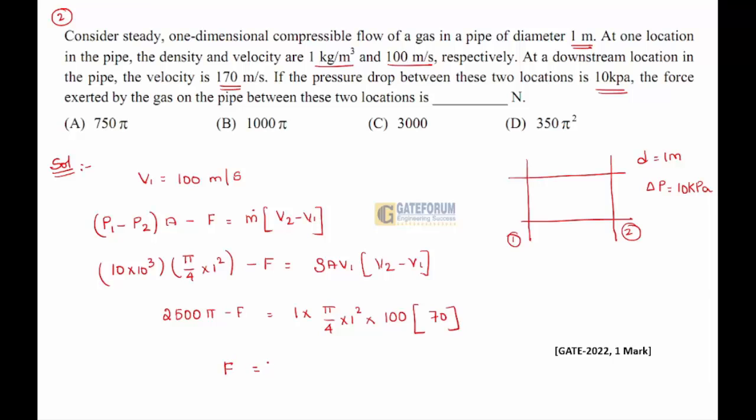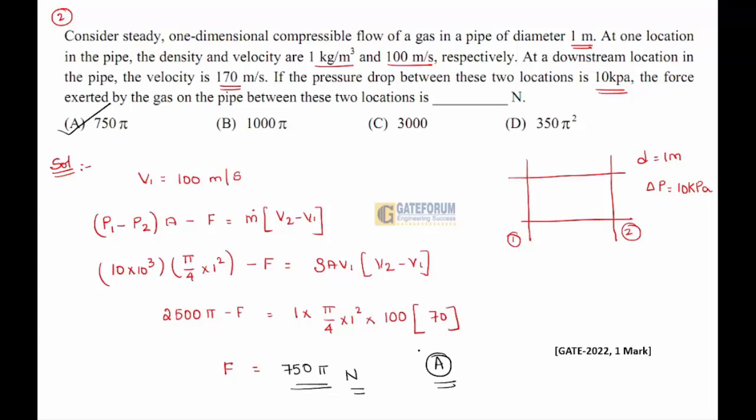Always keep the value of pi unchanged because the options are given in terms of pi. So the answer will be around 750 pi. Option A, 750 pi will be the right answer, and the unit is Newton.